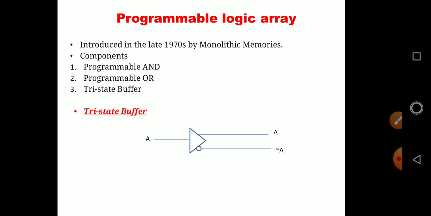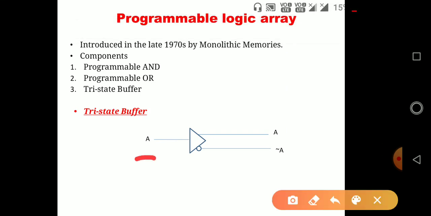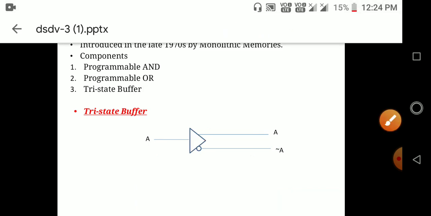We can see in the slide, A is the input and there are two outputs, A and A bar. One output acts as a buffer, transmitting the same input, and the other acts as an inverter. So this is the tri-state buffer.